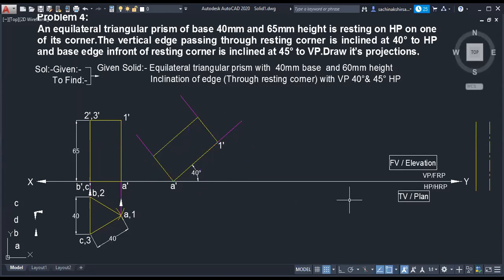I will remove this in this way. So what we have done right now is we have satisfied the condition. The vertical edge passing through the resting corner is making how much angle with the HP? 40 degrees.